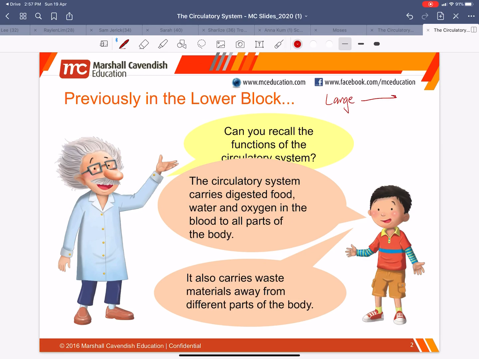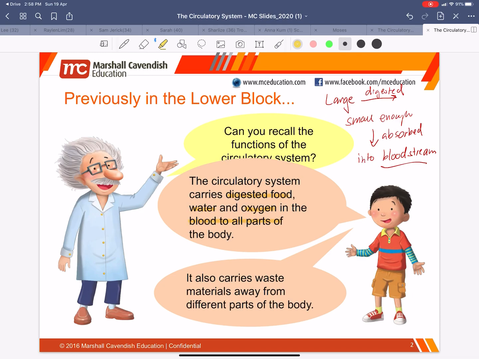So they need to be digested to basically give you something that is small enough or soluble, that means it can be dissolved in liquids, so that it can travel or rather be small enough to be absorbed into your bloodstream. Okay, so it is only when it's small enough to be absorbed into your bloodstream, only then can it be delivered to all parts of the body as correctly mentioned in this point over here.